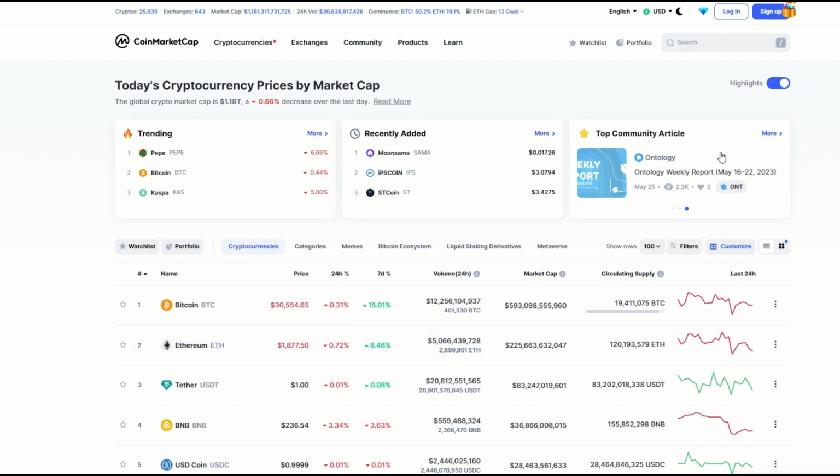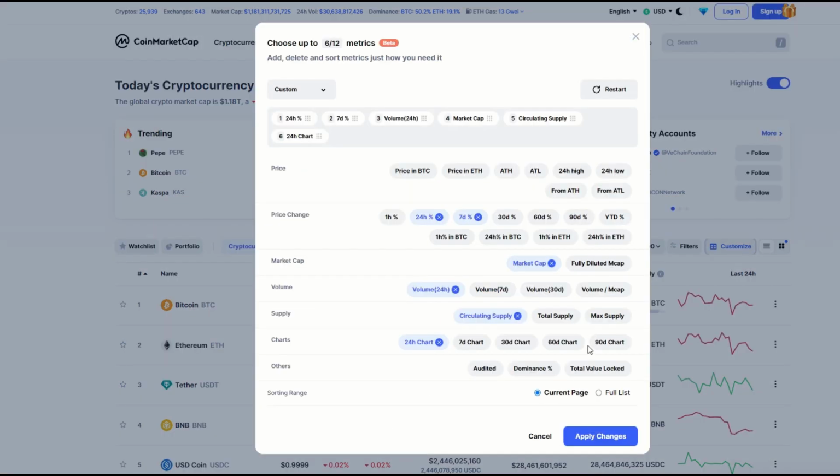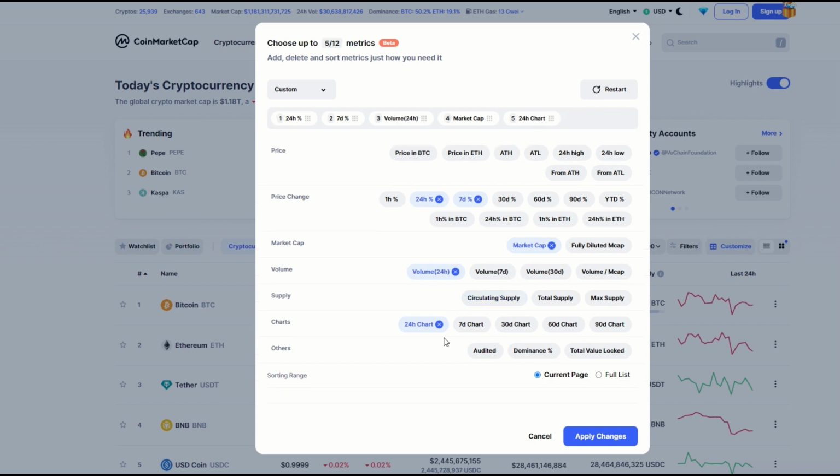And what I want to do first is change and customize my platform, what it looks like. So I'm going to go to my customize button down here, and I'm going to take out a couple of things that I don't really need for this. I'm going to take out my circulating supply and my 24-hour chart.